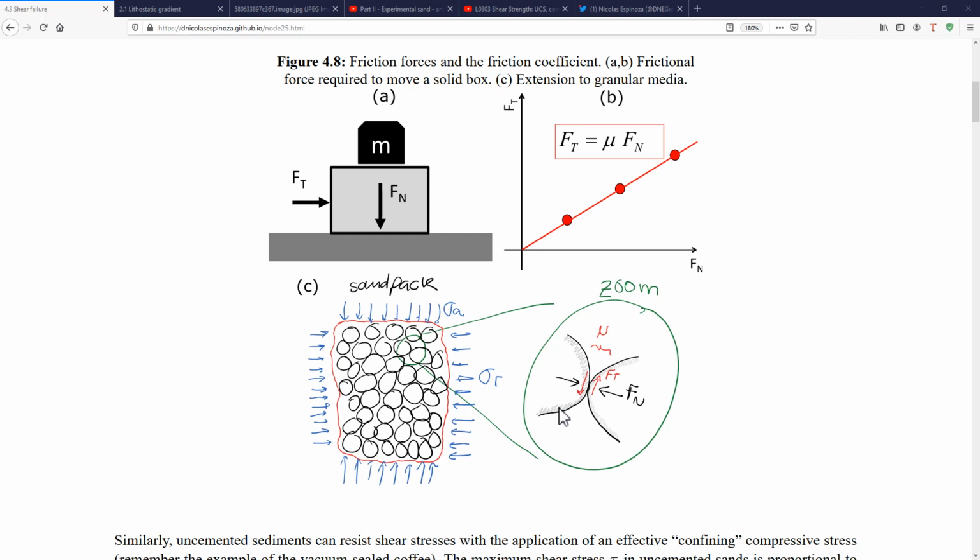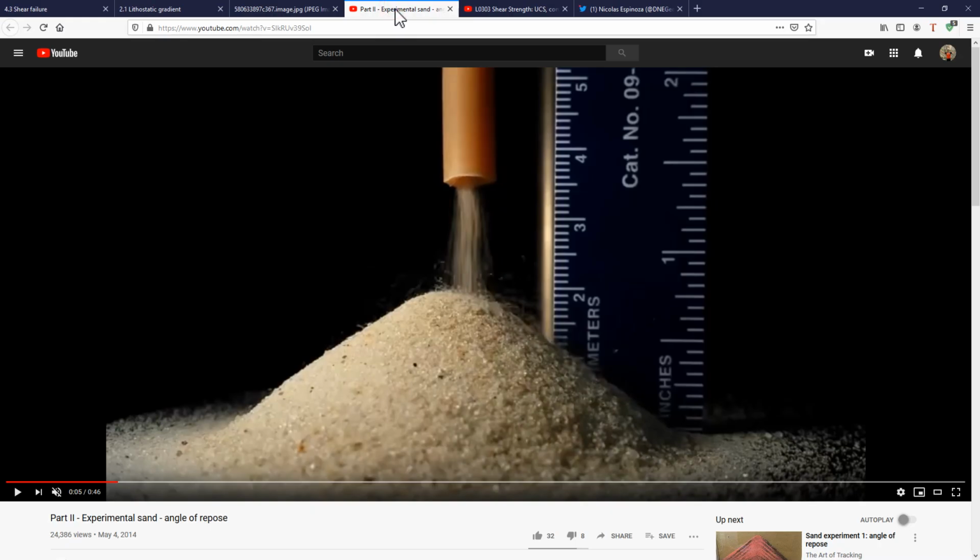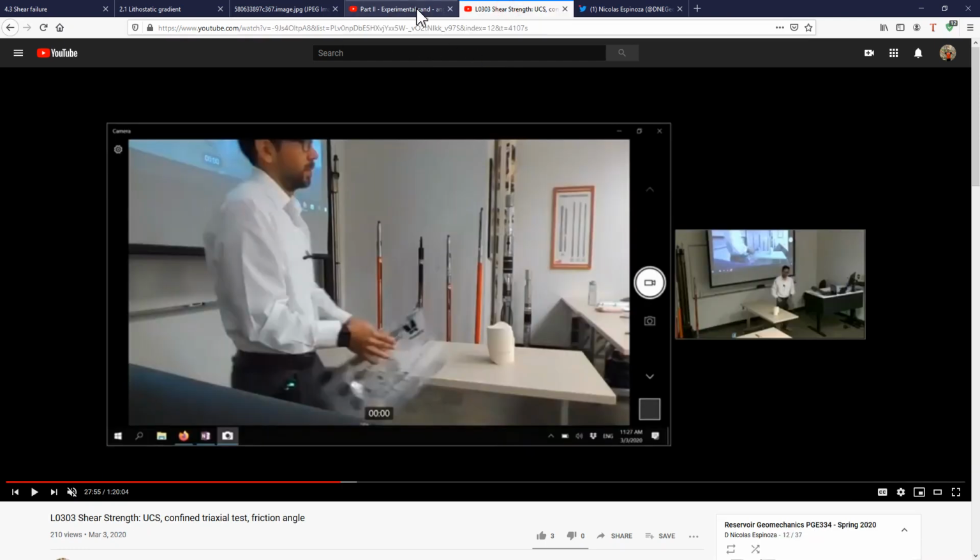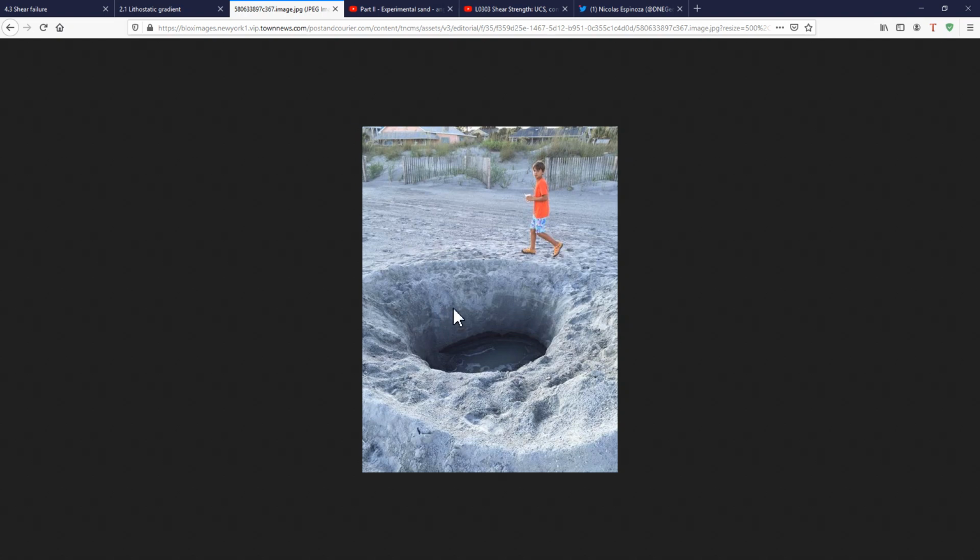For example, a sand which doesn't have any effective confining stress, which is not subjected to any stresses on the grains, is going to have a shear strength which is equal to zero. And this is the example of, just let me go to this image. Oh, this one.